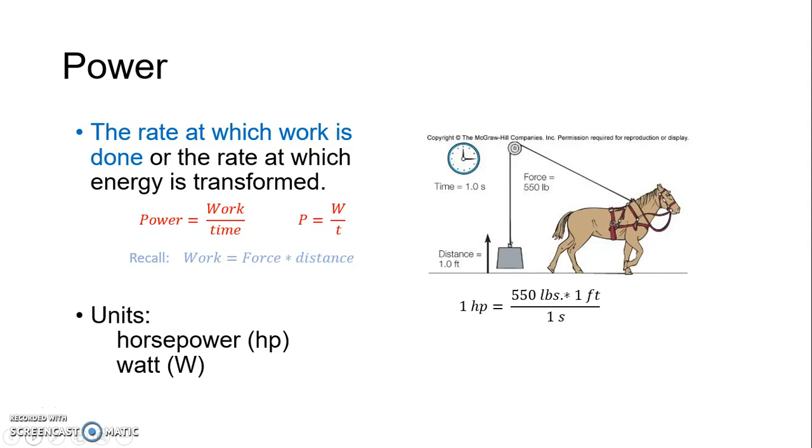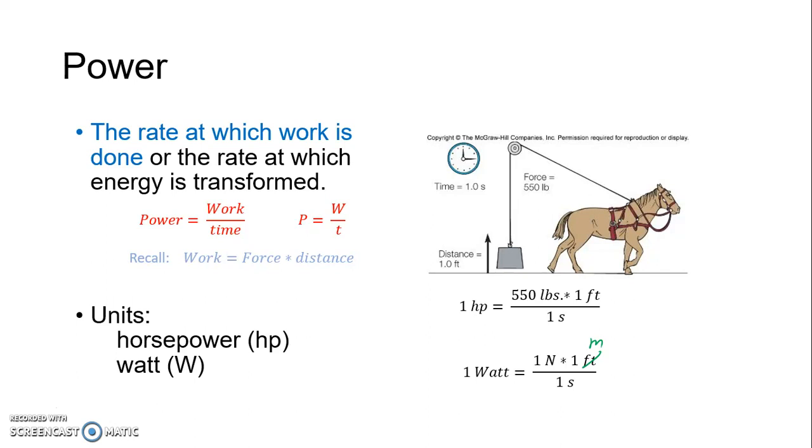Now in the metric system, we don't use feet or pounds. We use newtons and meters. In other words, work is in joules. So if we exert a force of 1 newton over a distance of 1 meter, sorry, this is a typo, that should say meters, 1 newton times 1 meter per 1 second is the definition of 1 watt.